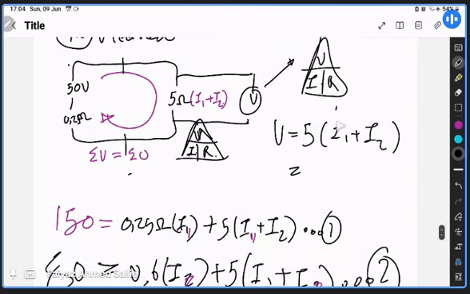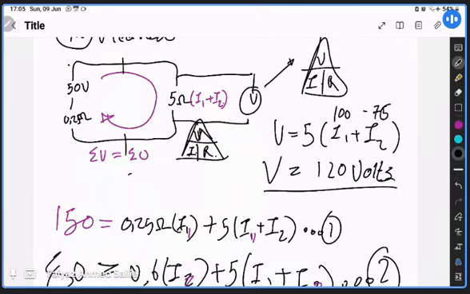I think I1 is 100 and this one is negative 75. So we get a potential difference of 5 multiplied by 100 minus 75, and we get 120 volts.